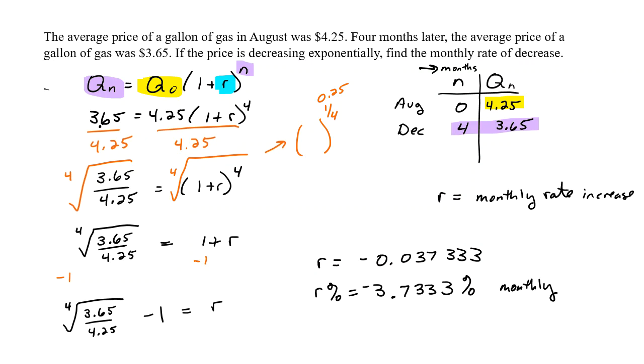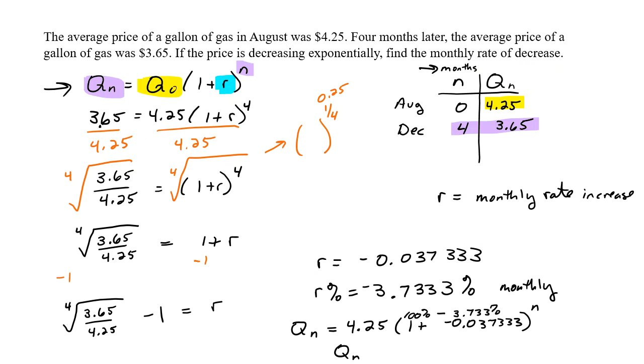But if I wanted to rewrite my equation with that piece of information in there, I would put my Q sub 0 in. And then I'd have 1 plus, and now I need to go back to the decimal form, negative 0.037333 to the nth power. If you wanted to write these as percents, you could write this as 100% minus 3.733%.